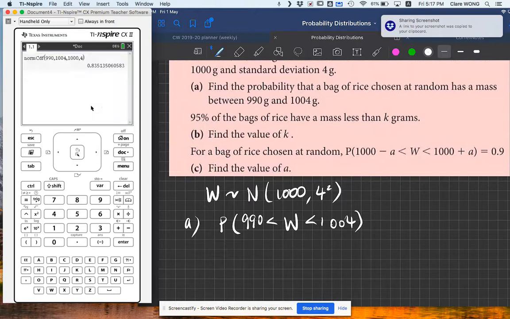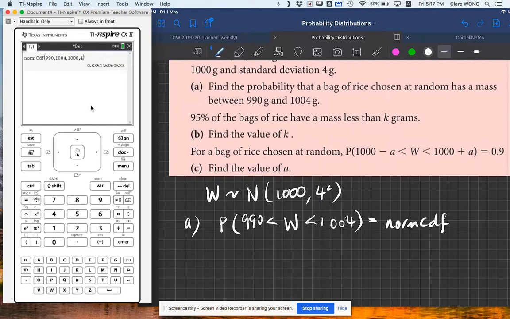Press OK, and you can see this is what you get. Write down what we have entered. This is equal to 0.835.